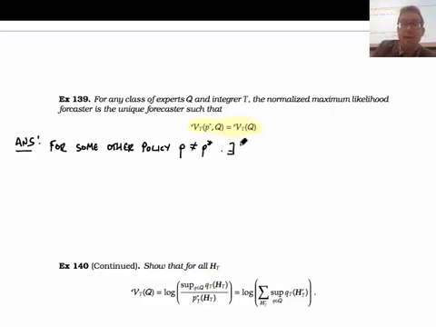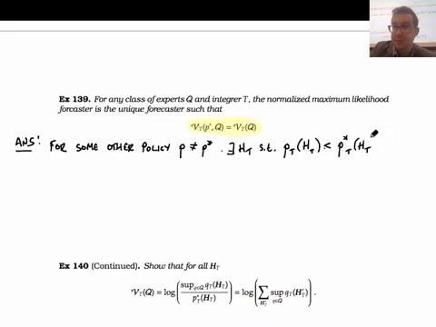So there exists an h of t such that the prediction of this policy is less than the prediction of my policy. Why is that? Well, they're both probability distributions. They're not equal to each other, so there must be some place that's either bigger or smaller. If there's a place that's bigger, in order for it to sum to 1, there must be some place where it's smaller.